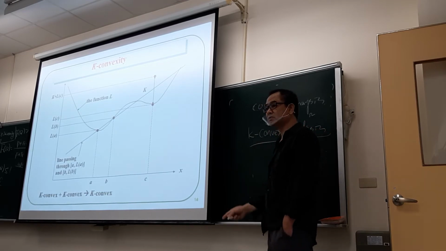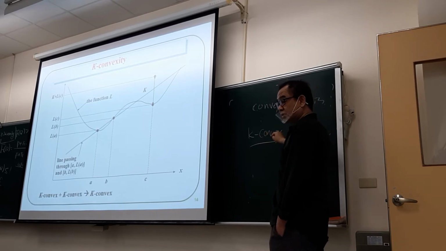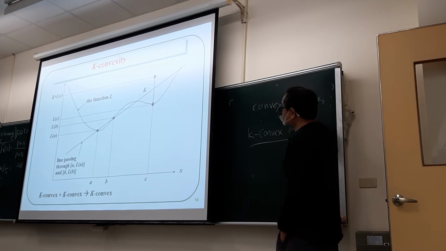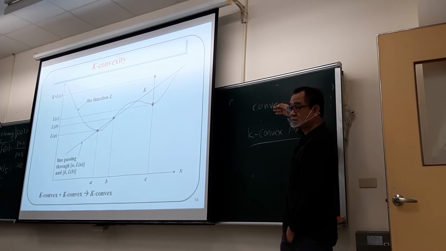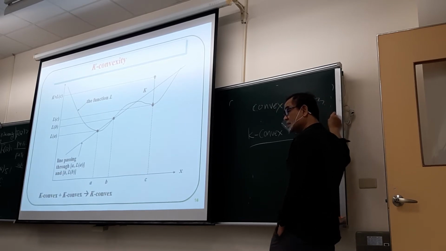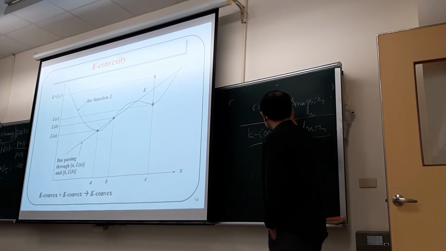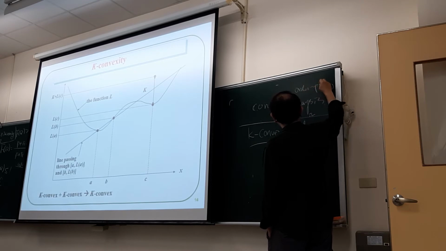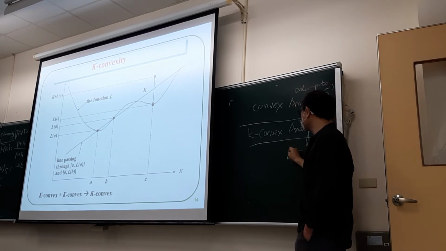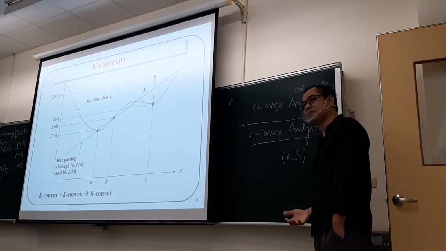So with these tools, the (s, S) policy is optimal. With the earlier tool, order-up-to S is optimal, and this one will show the (s, S) policy is optimal.